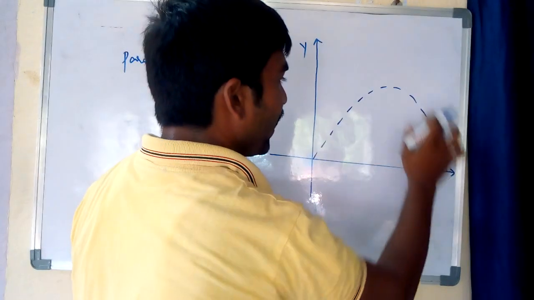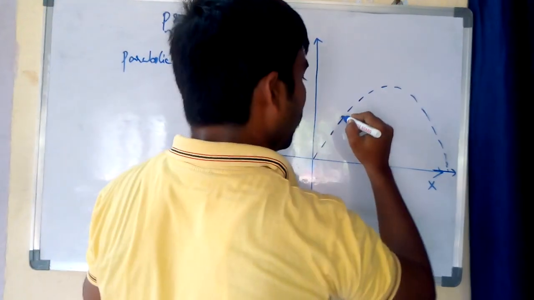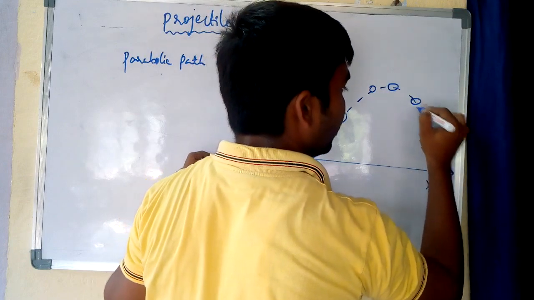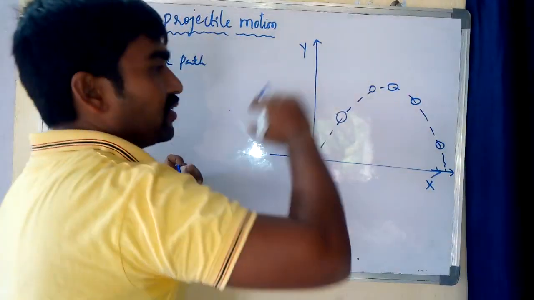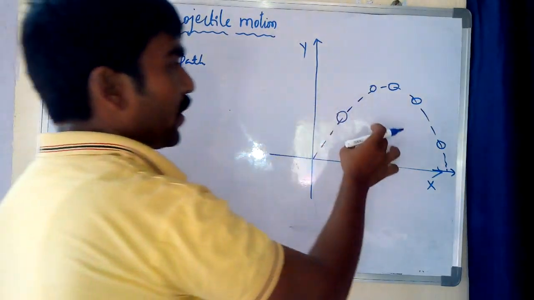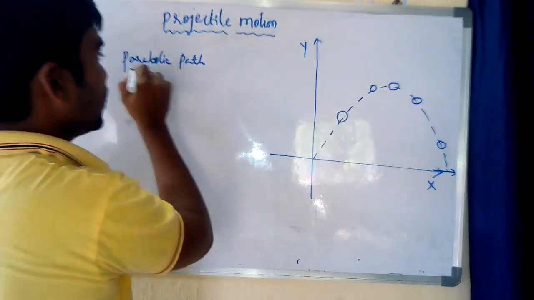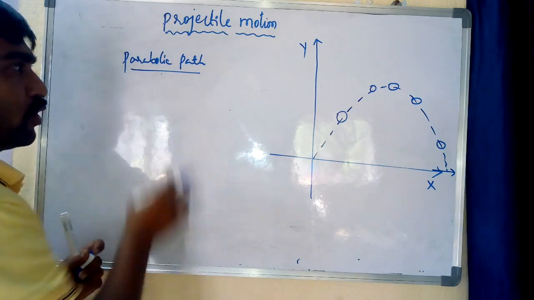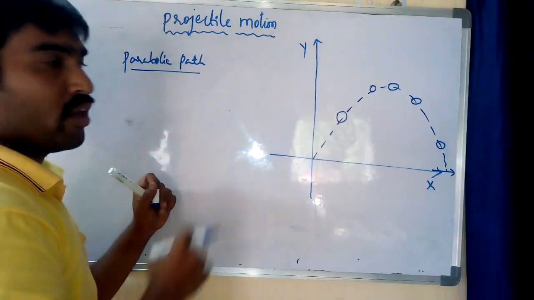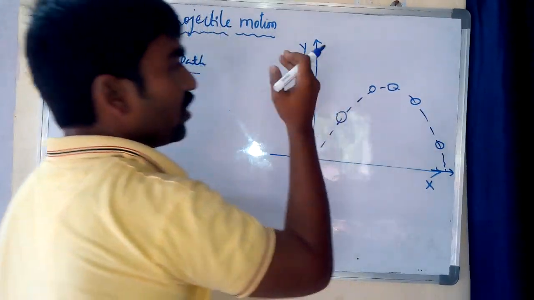The path of the given ball should be like this. It reaches the maximum value and falls down, and this is the path of the projectile motion. The path is parabolic, and it explains the two-dimensional motion along the x-axis and the y-axis.